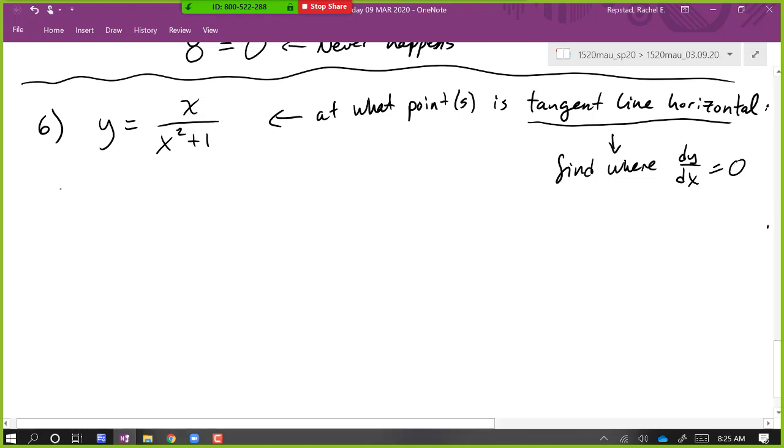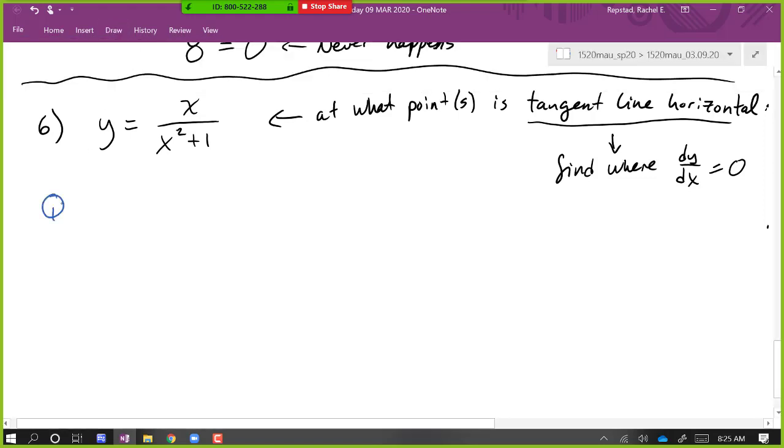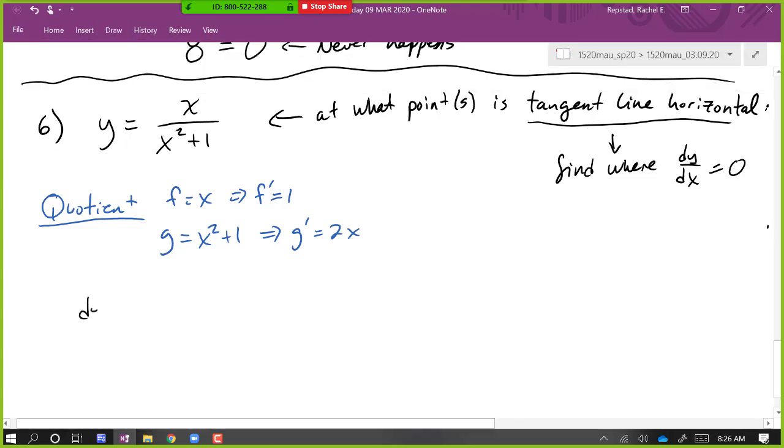Now, boy, today is full of the quotient rule, I guess. I've got x's on both the top and the bottom, so that means we're using the quotient rule again. Our f function is x, so f prime is 1. Our g function is x squared plus 1, so g prime is 2x. It's g f prime minus f g prime, all over g squared. We just plug stuff in again.